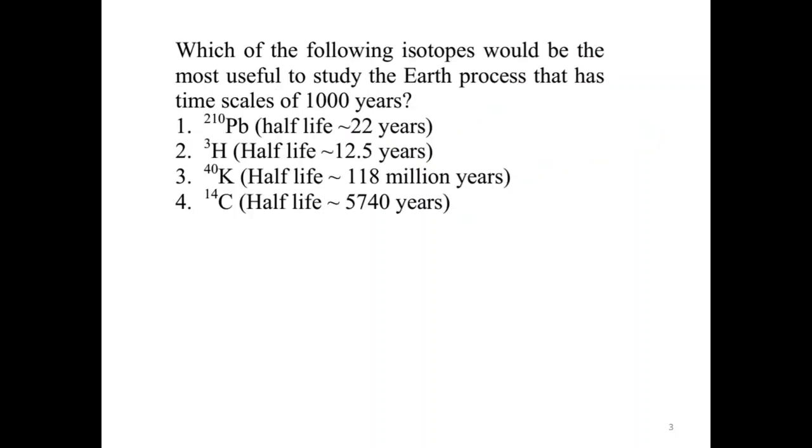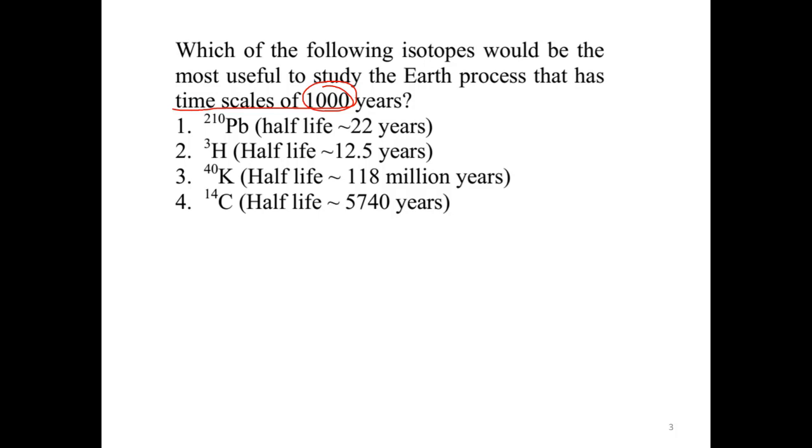Next question. Which of the following isotopes would be most useful to study the Earth process that has time scales of 1,000 years? Whenever we are looking at a question like this, first of all, it is very important to see what is the time scale asked. It is 1,000 years.